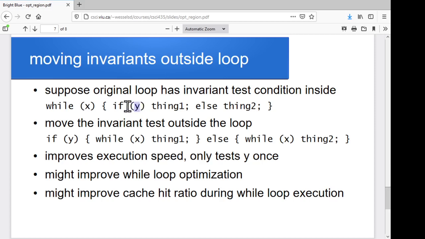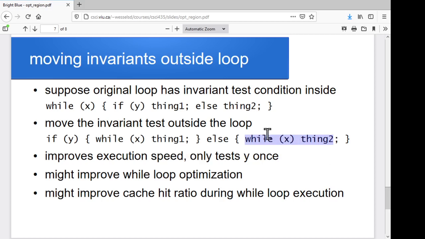Or the other thing we could do is actually move the entire if statement outside the loop. And so, okay, if y, then we'll just repeat while x. So we're essentially inverting where we do the if and where we do the while. Now that does mean that the else, if y is not the case, then we also have to have the while loop inside the body of the else, if you like.